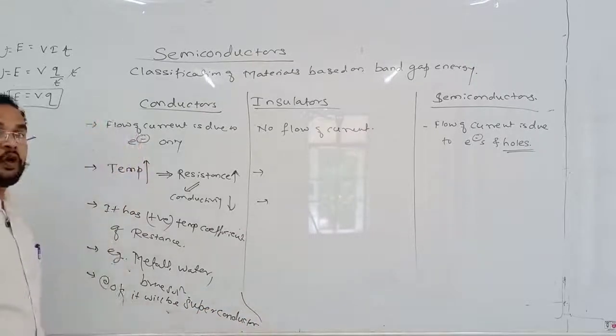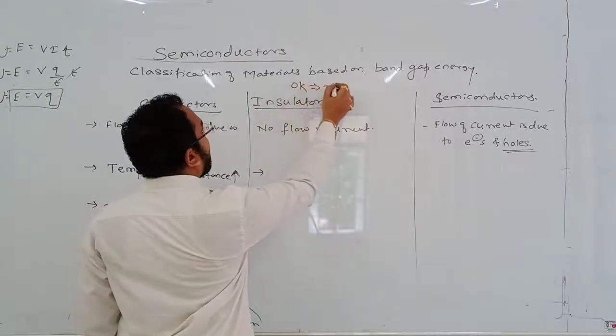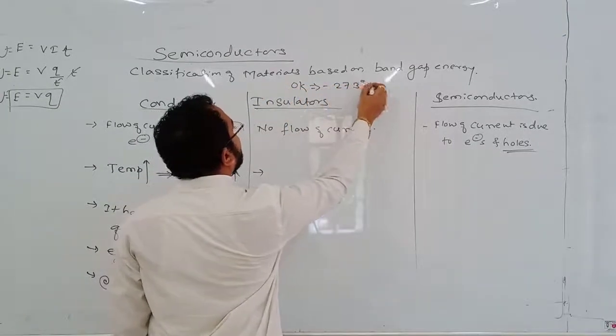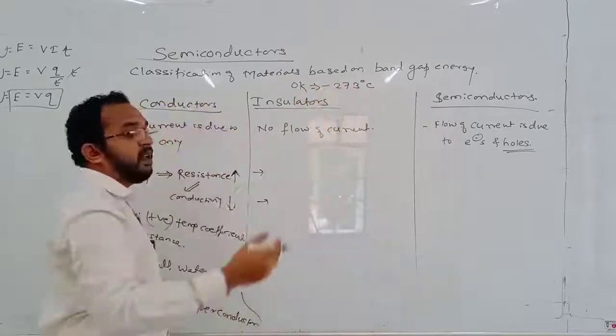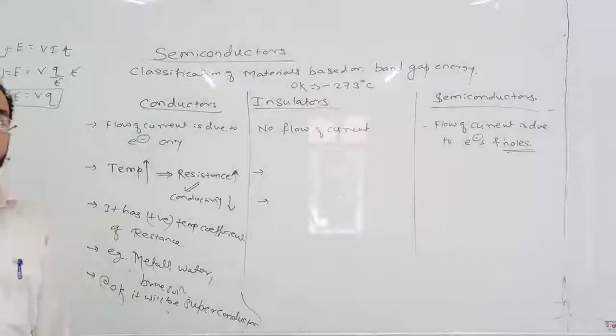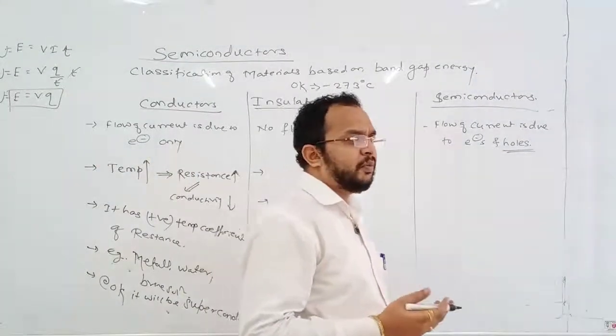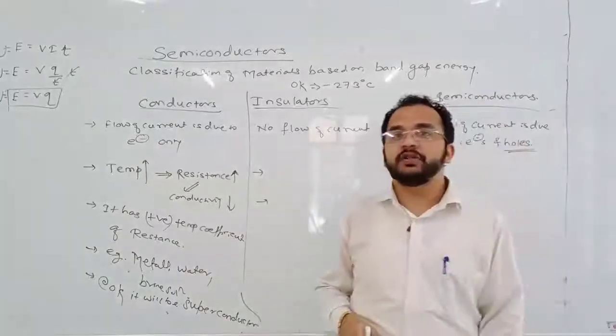What is meant by 0 Kelvin? 0 Kelvin, you know, is minus 273 degrees Celsius. If you can achieve this temperature, it becomes a superconductor. That's why most people say superconductor is not possible.